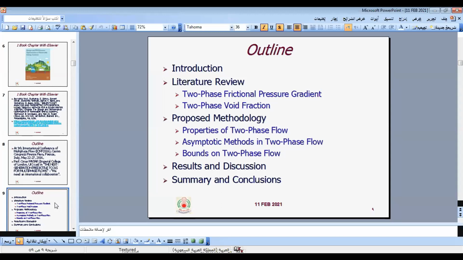The first method will be using new properties of two-phase flow with the homogeneous model. The second method will be about the asymptotic method in two-phase flow. The third method will be based on bounds in two-phase flow. And I will give some result discussion using available data in the literature to validate these models. At the end, I will give a summary of my talk and conclusion.